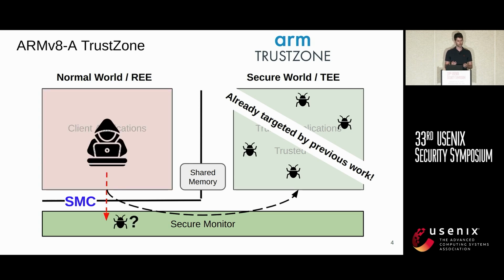However, we started wondering, well, is switching between those worlds really everything this kind of obscure secure monitor does? And especially as it is running at the highest privilege level, and a lot of recent work simply assumed it is bug-free. And so for us, from our perspective, the attack surface to the secure monitor seemed to be rather unexplored. So in our scenario, we assume an attacker that fully compromised the normal world.